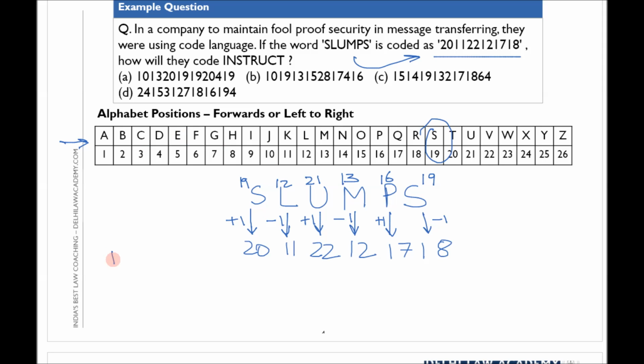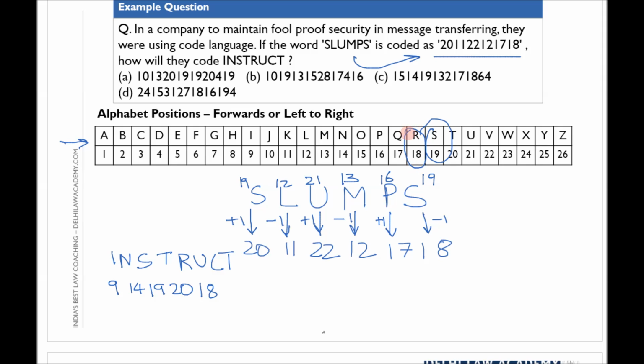So we just need to write the code for instruct. So we write down instruct, and we know the alphabet letters, so it's 9, then 14, and then S is 19, T is 20, R is 18. I'm getting this by looking at the table, guys.